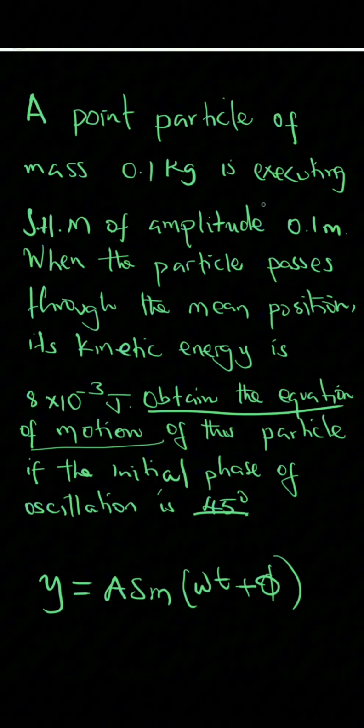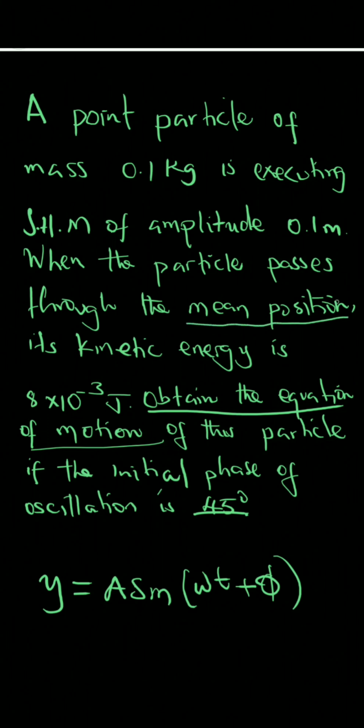Now from the other information that we have, this particle has a mass of 0.1 and it is passing through the mean position. That is, the kinetic energy obtained is simply 8 times 10 to the power negative 3 joules.